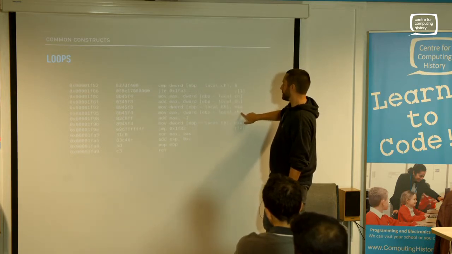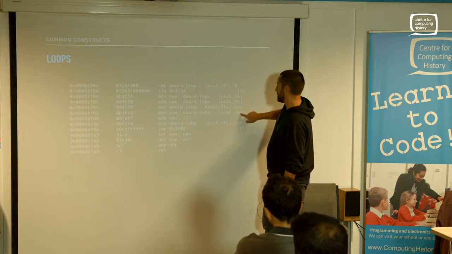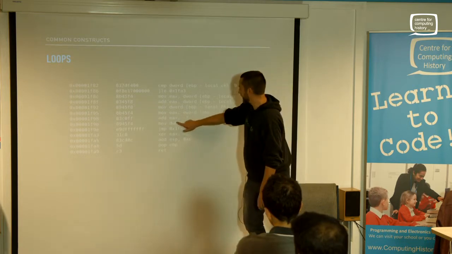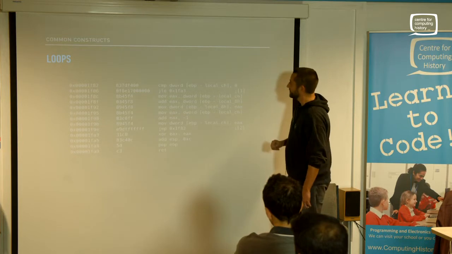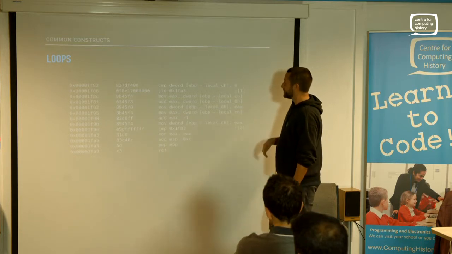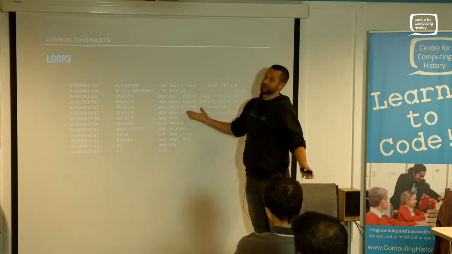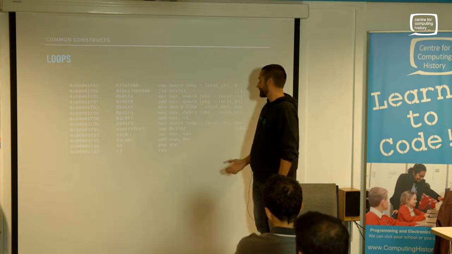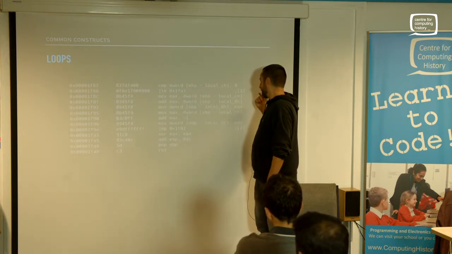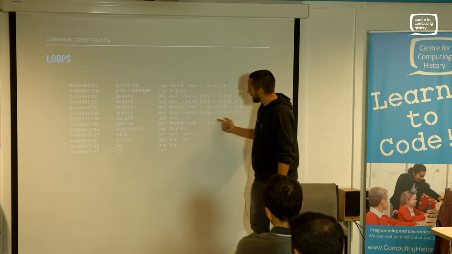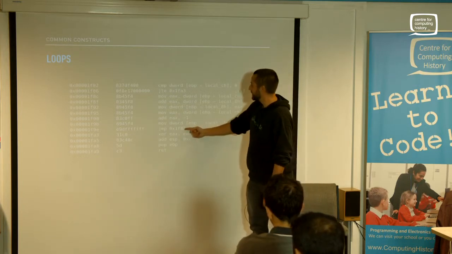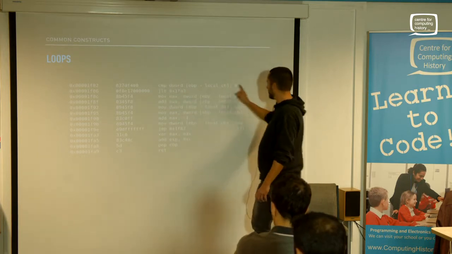And then we're going to move our I back into EAX, and we're going to add -1 because we're decrementing the loop. Again, you could easily have used a sub here, but the compiler chose not to. And then we're going to move EAX back into our local variable and then jump from here back to here to the compare.